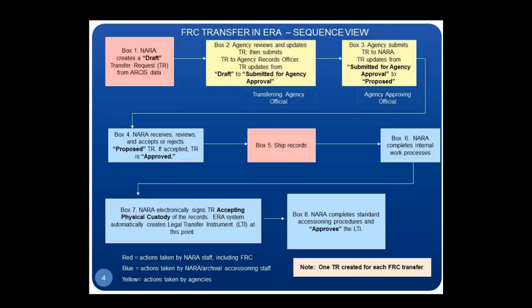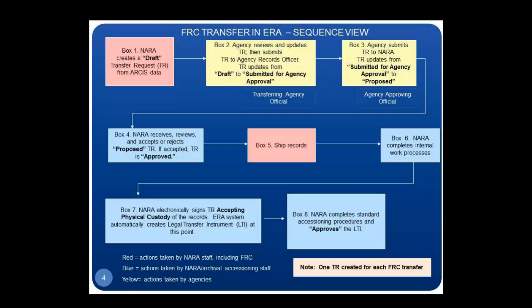By then, we're at box 4. NARA archival units receive these transfer requests. They review them, and accept the proposed transfer, or reject it if sometimes there's information that needs to be added, or sometimes there's an error, or sometimes there's a problem with the records.